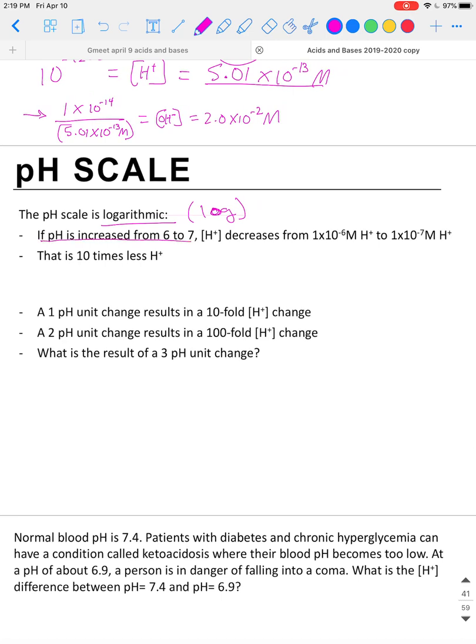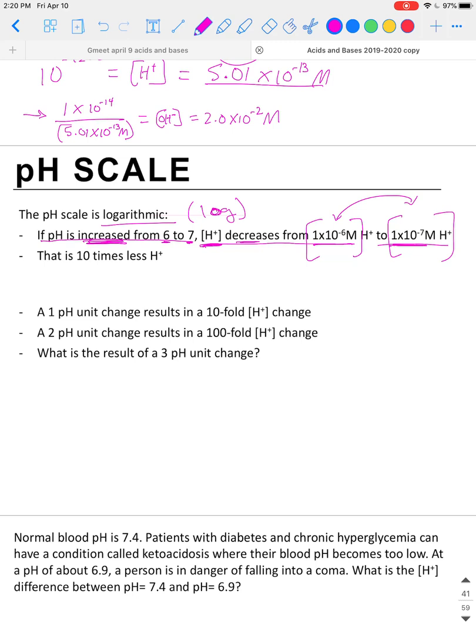If pH is increased from 6 to 7, the concentration of H plus decreases from 1 times 10 to the minus 6 to 1 times 10 to the minus 7. Okay, well, how much of a difference is that?